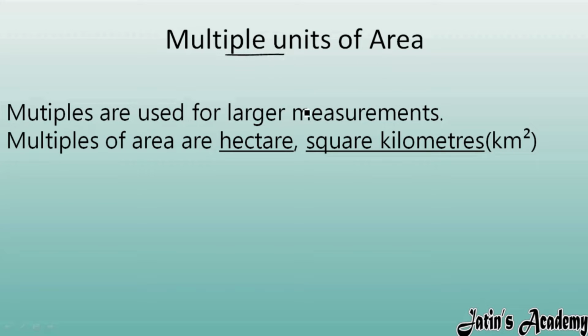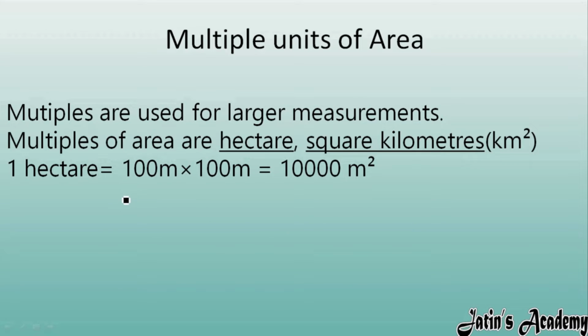Multiple units are the units which are bigger than meter square. The multiples are used for larger measurements. The multiples of area are hectare and square kilometer. These are the units we use for larger measurements of area.